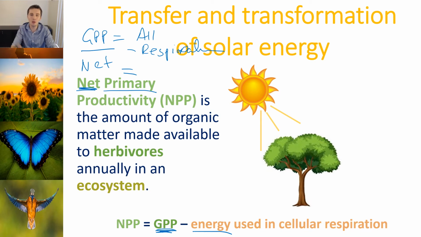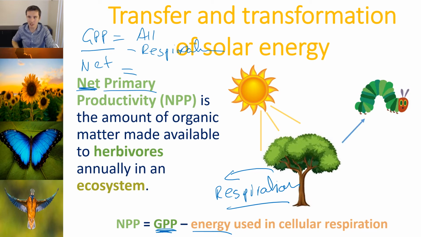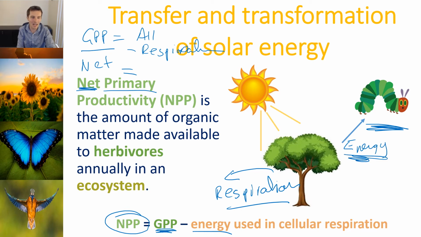However, they will lose some of that energy that they produce as respiration. So we are losing energy out of this system. And therefore the energy that's passed on to our consumers, so our first order consumers, which are herbivores, which eat that plant material, we call that the net primary productivity. So the amount of energy that's able to be passed on, we're looking at that as the net primary productivity, or NPP.